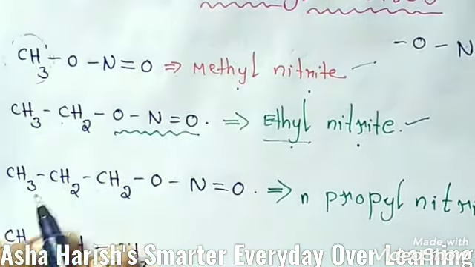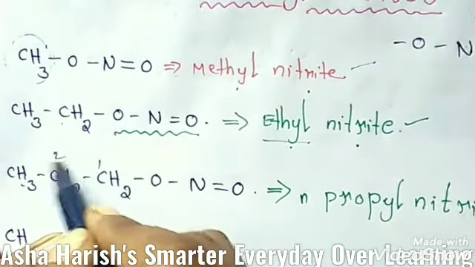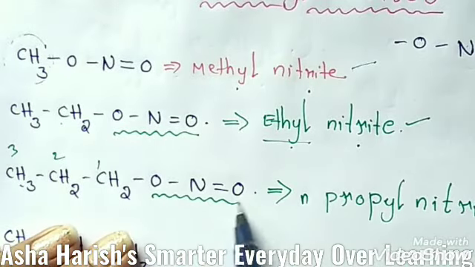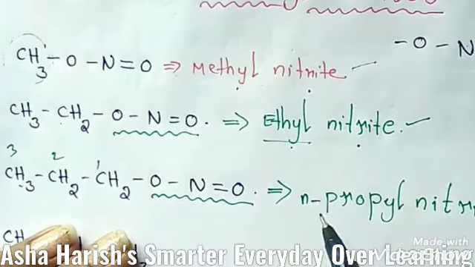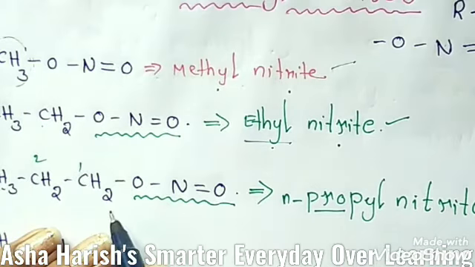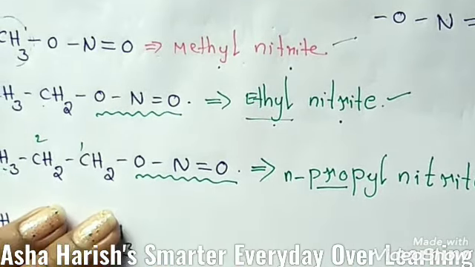And here 3 carbon atoms, 1 2 3 carbon atoms, so this is the functional group of alkyl nitrites. Then N-propyl nitrite, prop is the root word for 3 carbon atoms. If there are 3 carbon atoms present, then the root word is prop.